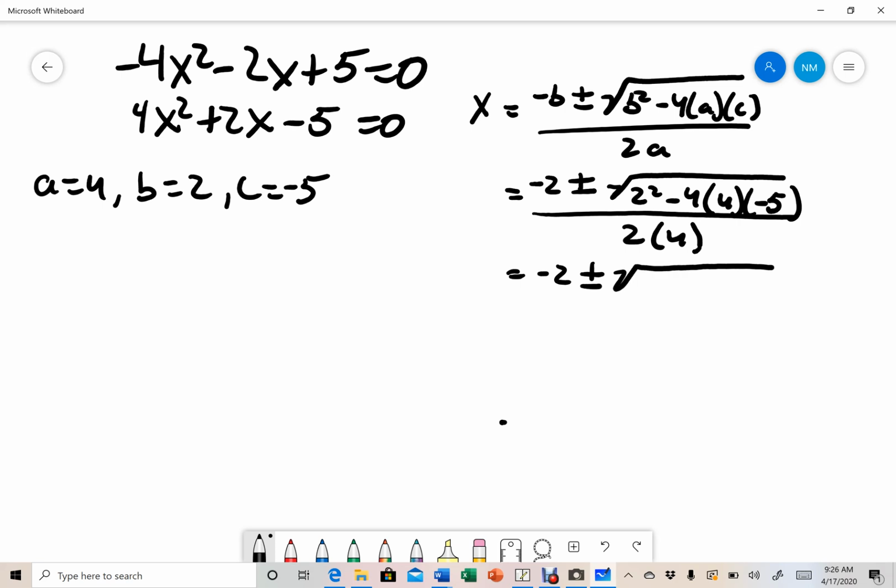Okay, my 2 squared becomes 4. Right, then 4 times 4 is 16. And then 16 times a negative 5 is, I believe, a positive 80.